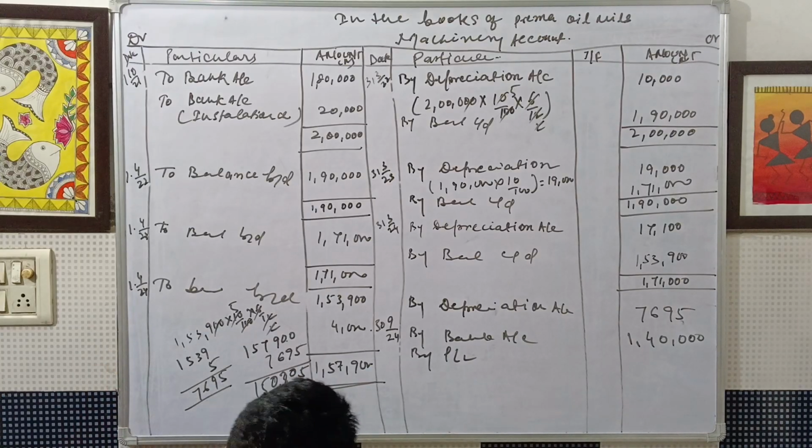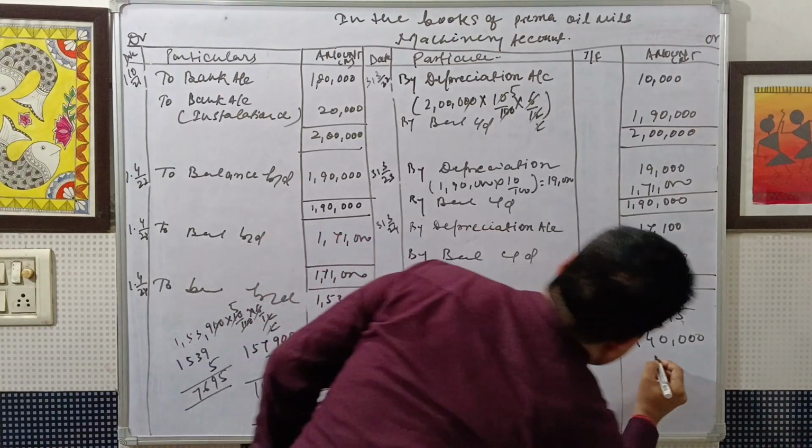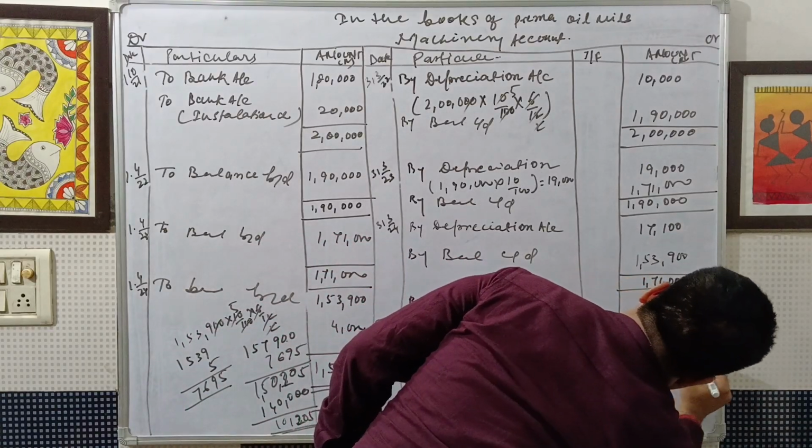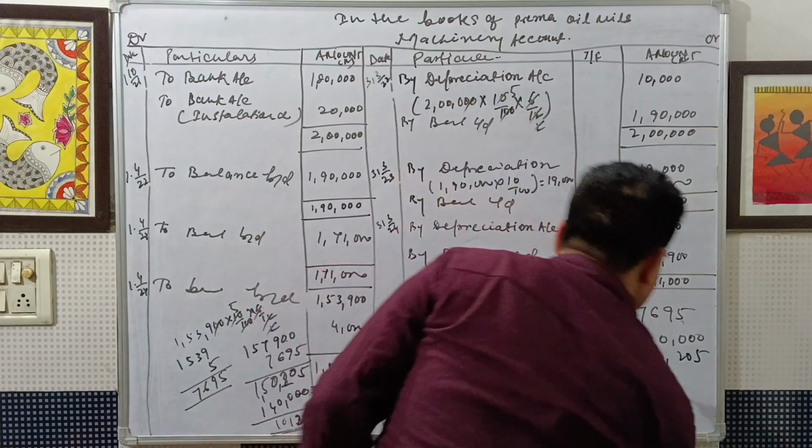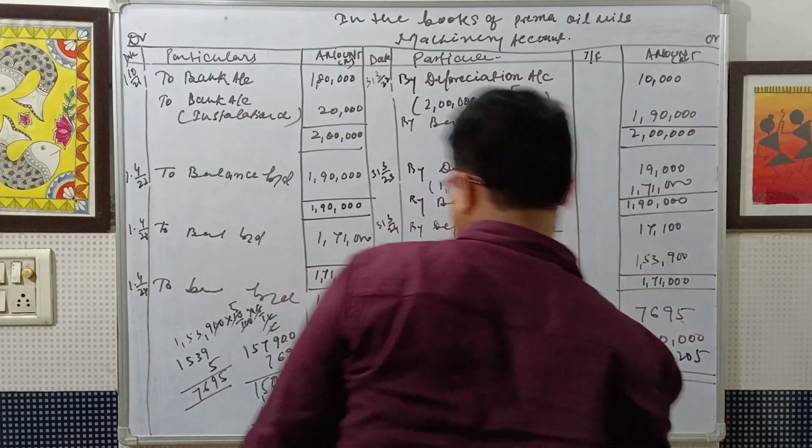So 10,205 is the loss in the P&L account.